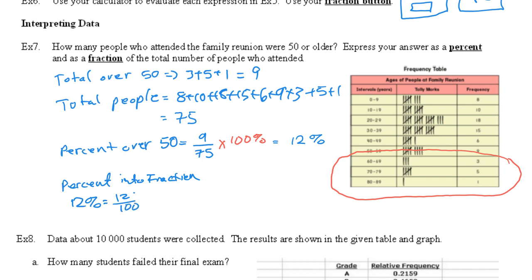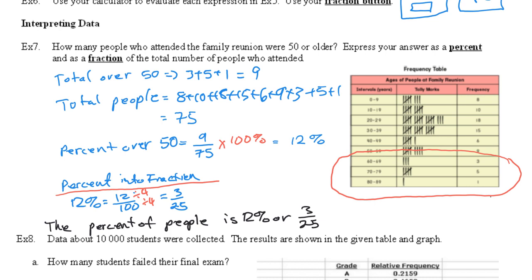Now, 12 and 100 can both be divided by 4, and we end up with our final fraction of 3 over 25. So it says here, express your answer as a percent and as a fraction. So you're going to say at the very end this: the percentage of people over 50 is 12%, or 3 over 25.